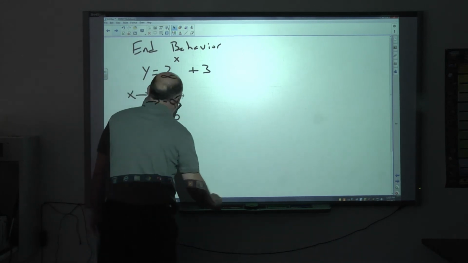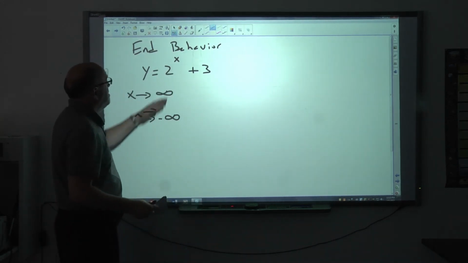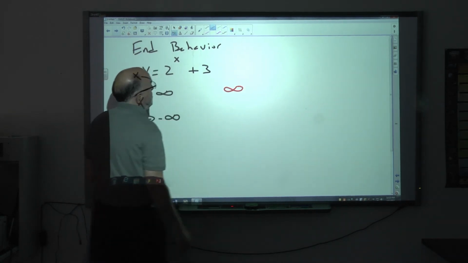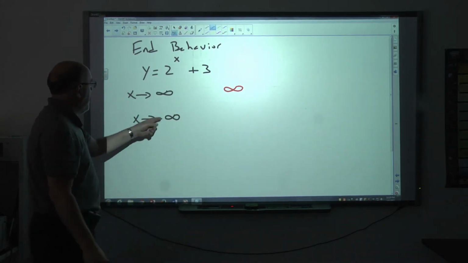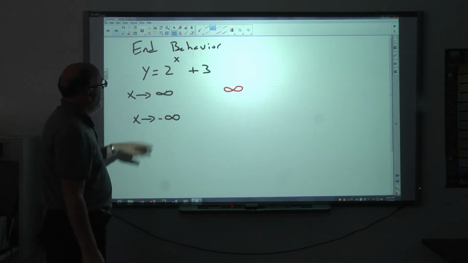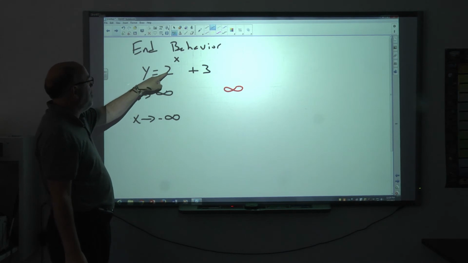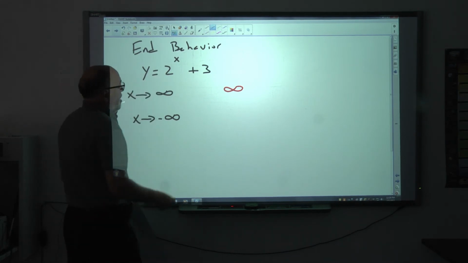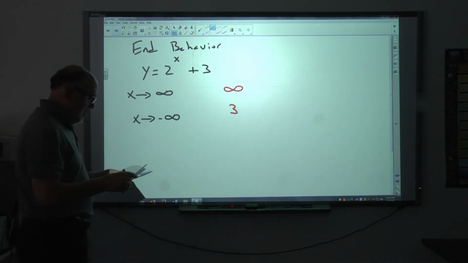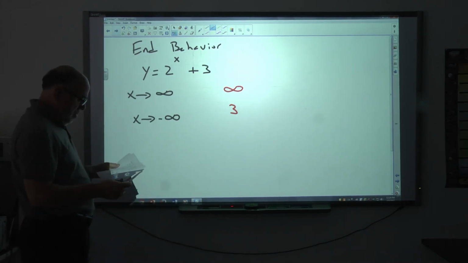Well, as x goes to infinity, this takes off to infinity, right? As x goes to negative infinity, this is 2 to the negative whatever, so this number is basically going towards 0, and so the end behavior will be this is going to 3, right?